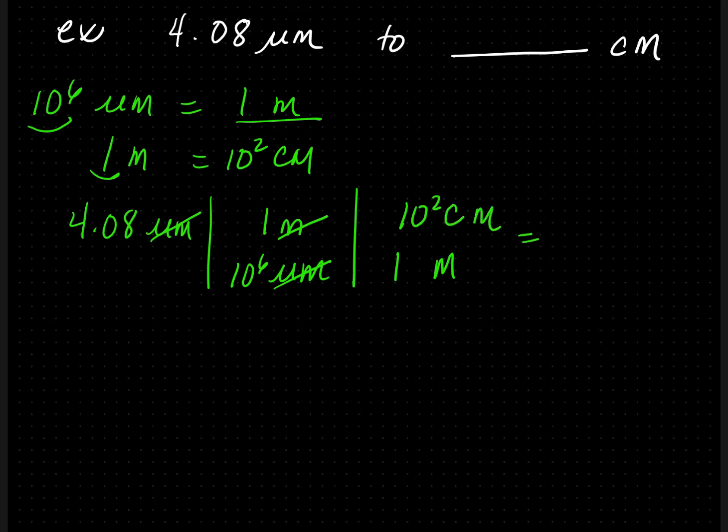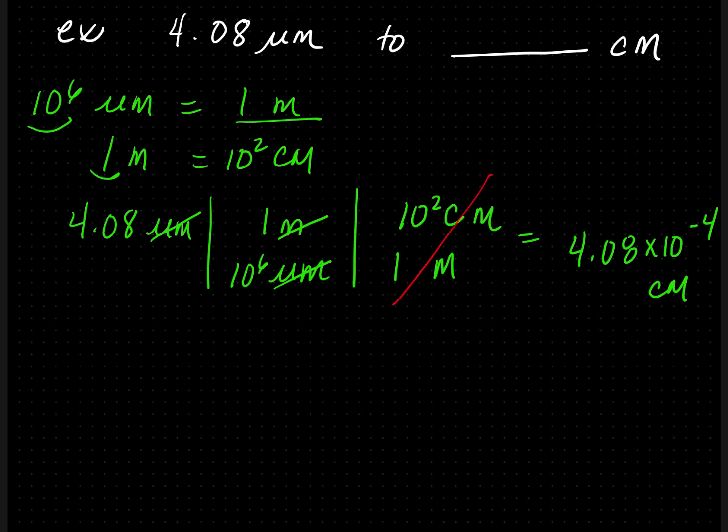So now you're going to multiply 4.08 times 1 times 10 to the 2nd divided by 10 to the 6th times 1. If you do your math correctly, you should get 4.08 times 10 to the negative 4th centimeters. Now we need to go back and do sig figs.